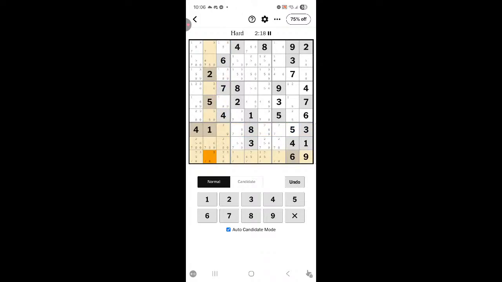8, 3, 7, 8, and 6, all column doubles. All of these numbers seem to column double. 1 and 1 alternate in here. 6, 3, 5. 6, 3 equals not 6, 3.